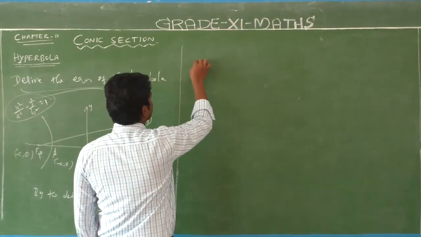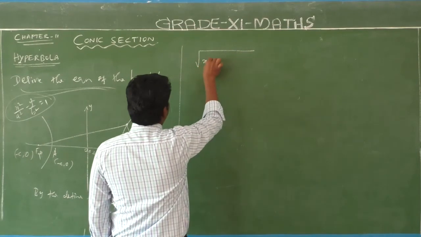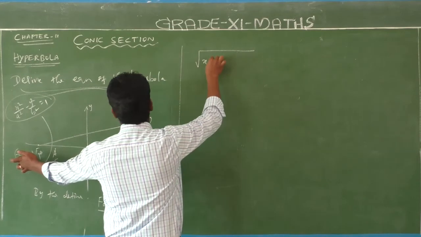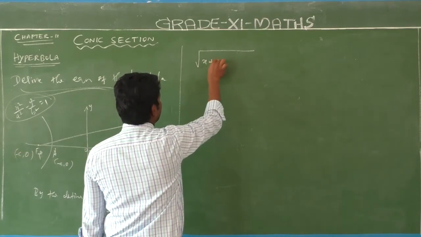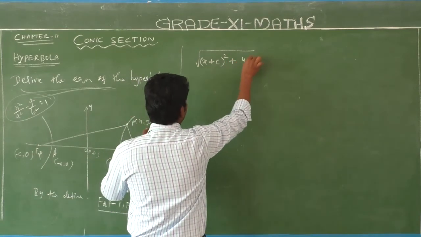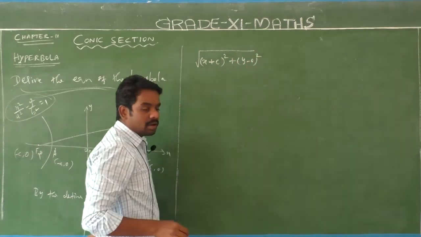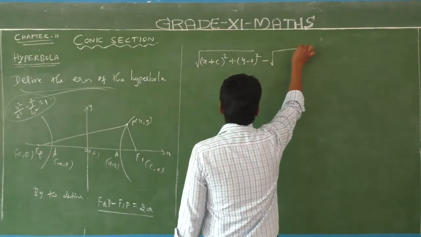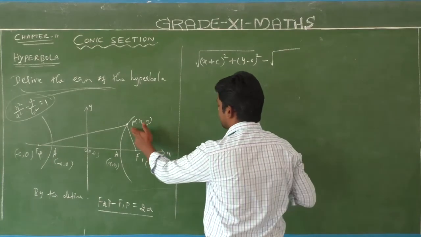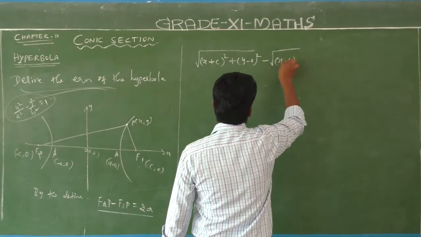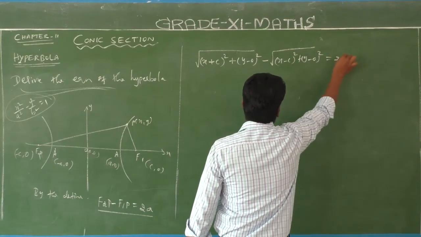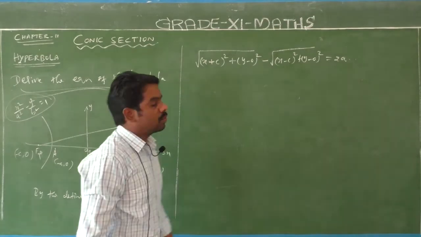So F2P is root of x minus minus c, which is x plus c, the whole square, plus y minus 0 the whole square, minus F1P, the distance between the point F1 and P, which is root of x minus c the whole square plus y minus 0 the whole square, equal to 2a.